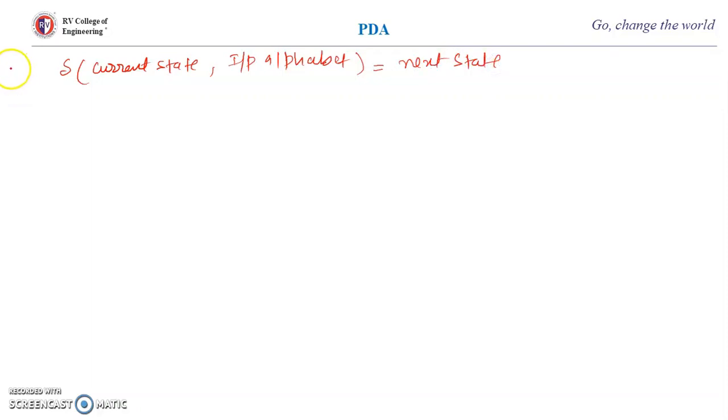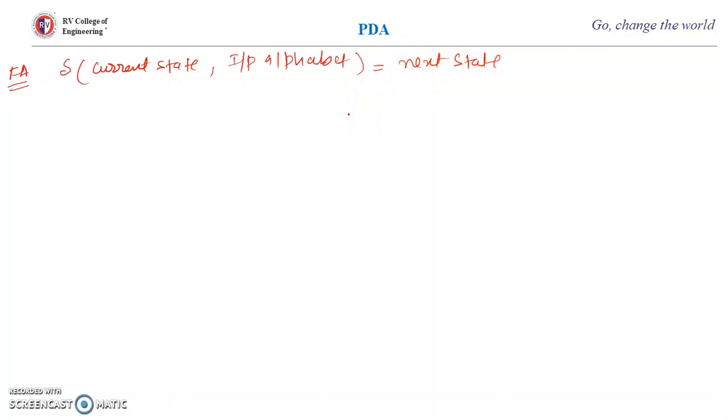This will be the transition function for finite automata. And if it is NFA, the output will be a subset of 2 to the power Q. Even null transition is fine for NFA.